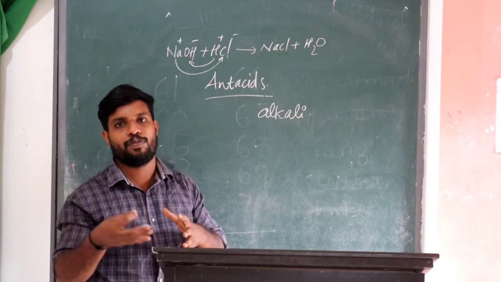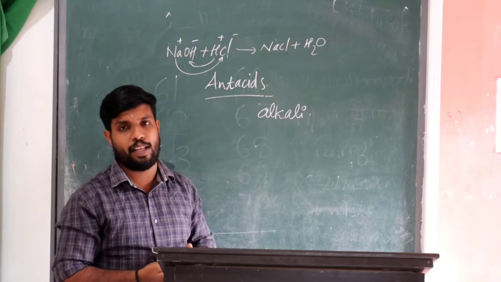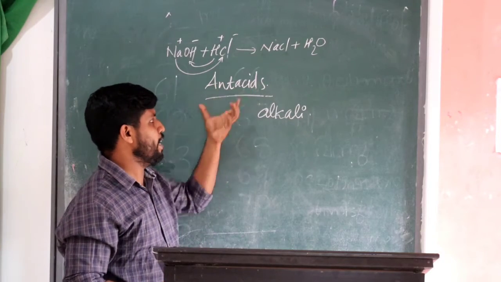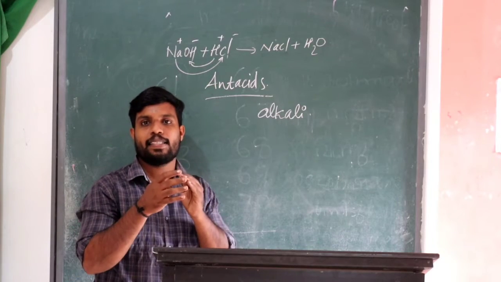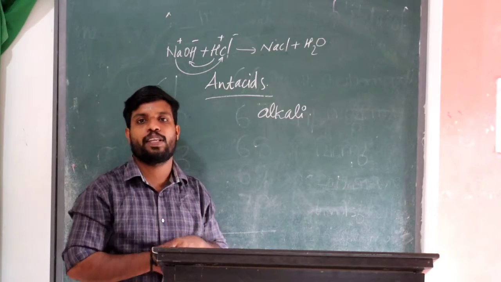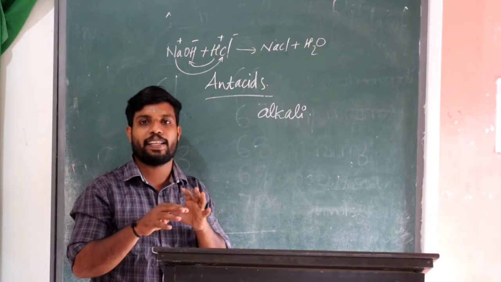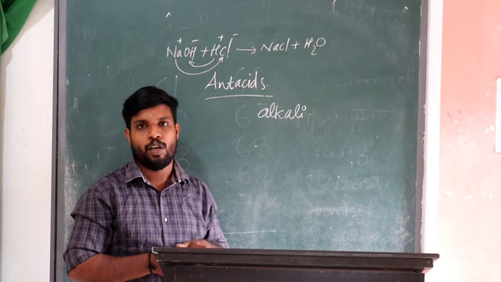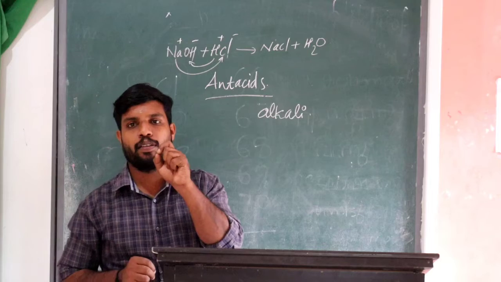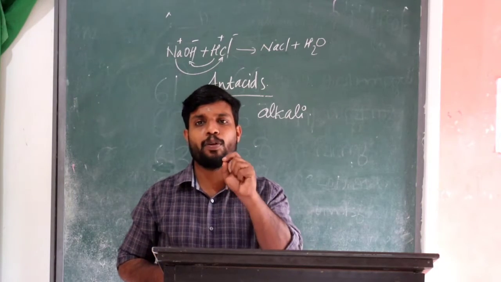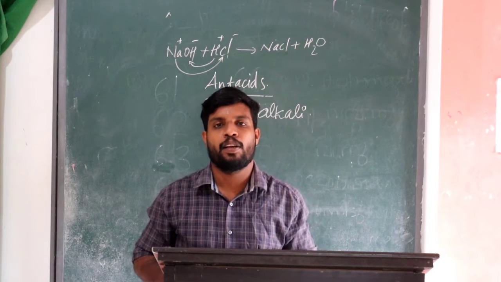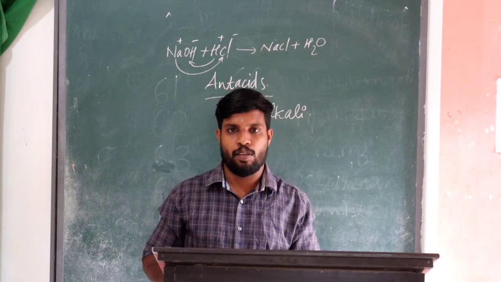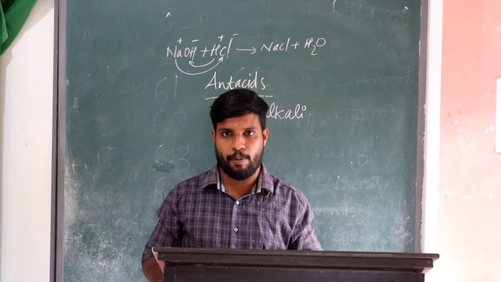There are different companies making that medicine, but generally they are known as antacids. What do they contain? They contain alkali. The alkalis decrease the strength of the acid, or react completely with the acid. So in day-to-day life we use neutralization reactions. One is the usage of antacid medicines to decrease the acidity in our stomach.